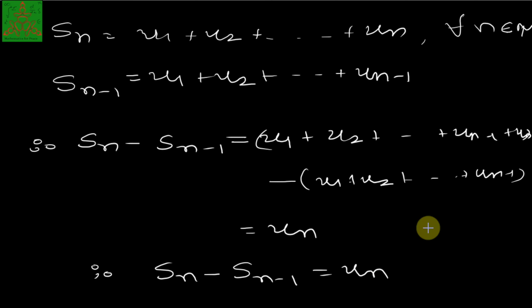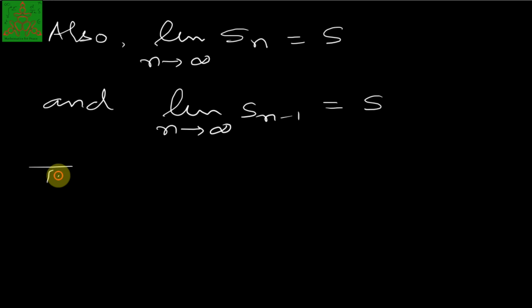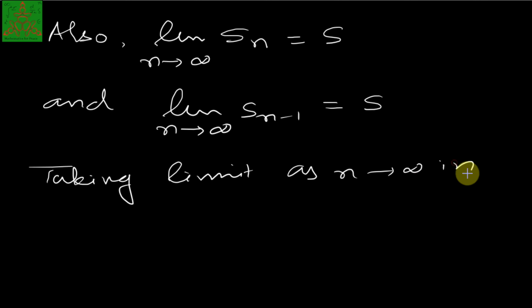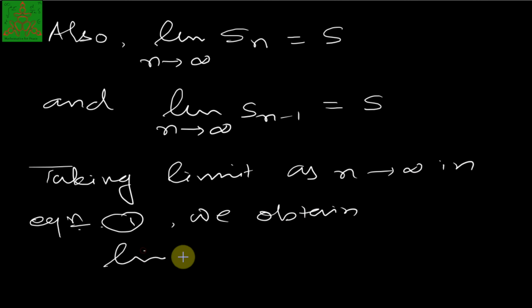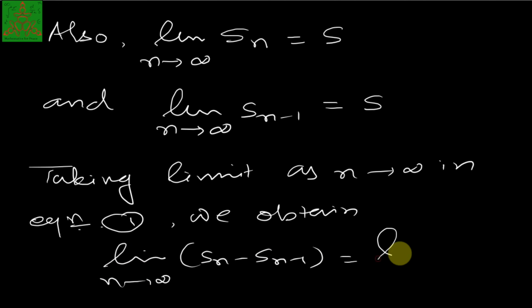So taking the limit as n tends to infinity in equation 1, we obtain the limit of Sn minus Sn minus 1 as n tends to infinity is equal to the limit of un as n tends to infinity.